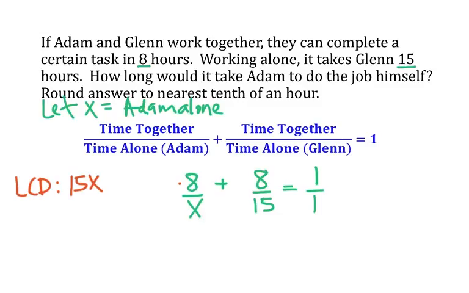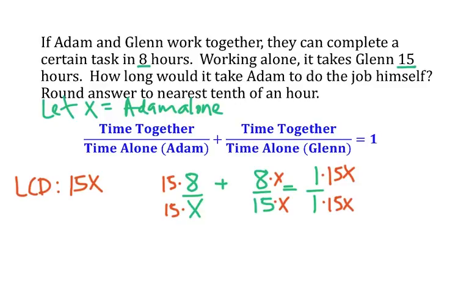Our first fraction needs the factor of 15, top and bottom. Our second fraction needs the factor of x, top and bottom. And the third fraction will need everything, the 15 and the x. So now we have the same denominator for all three fractions.